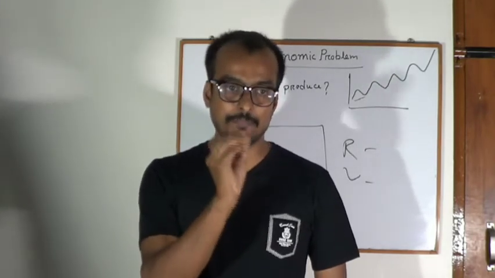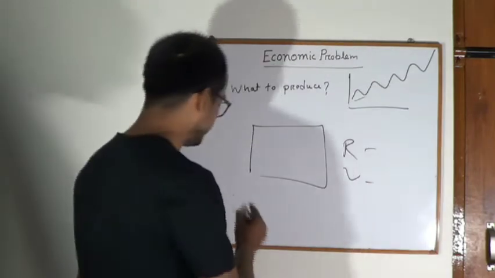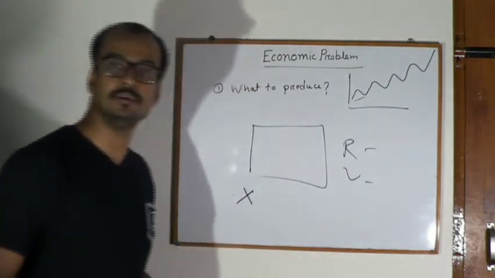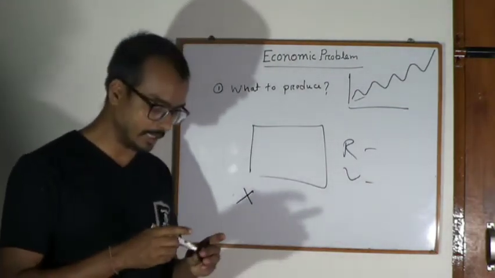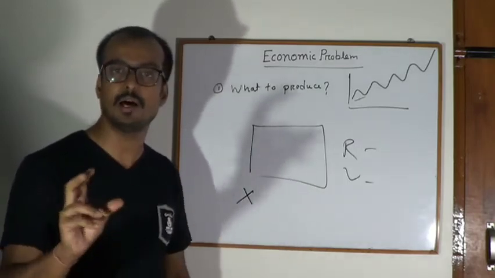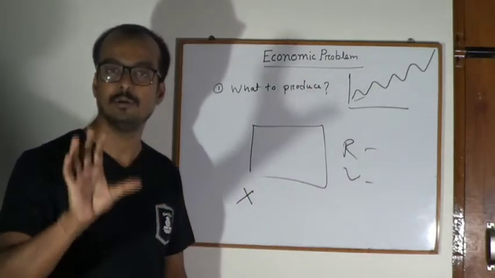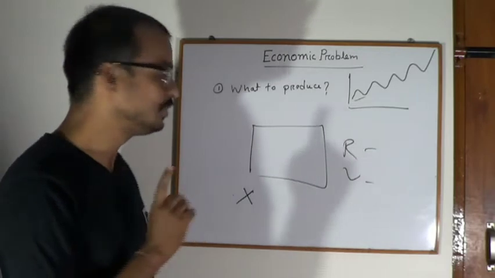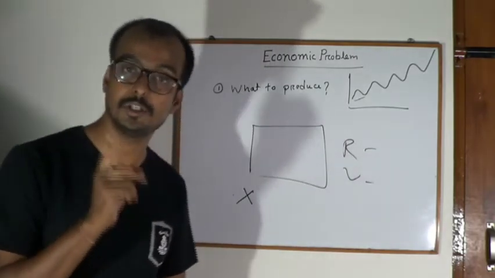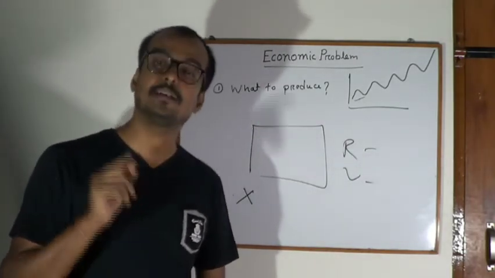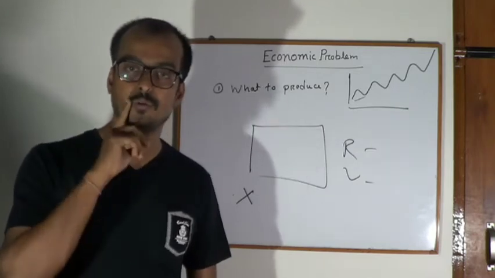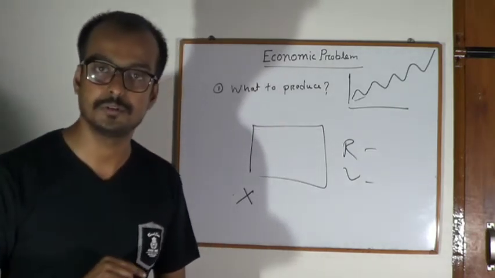Now, if you are a sweet seller, Mr. X, and you know that that particular day you will stop producing rasgulla or laddu or other things, you will produce less and you will produce jalebi. That decision you make. But side by side you have to know how much to produce.